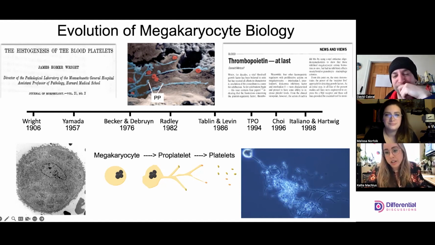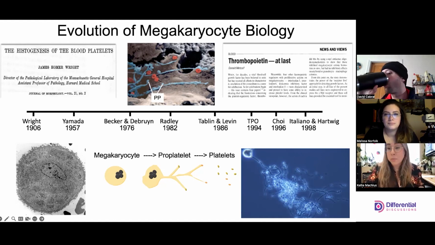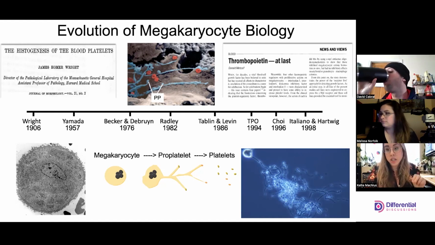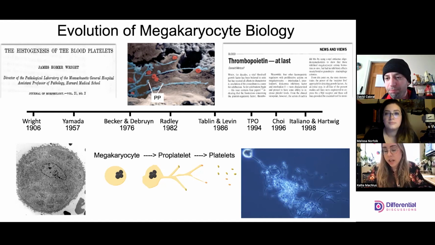Who I did my postdoc with, Joe Italiano, and John Hartwig, were the people that really studied the cytoskeleton and worked out a lot of this process of how the proplatelets are elongated. This is that culture system, just a really beautiful image. This is honestly what got me.